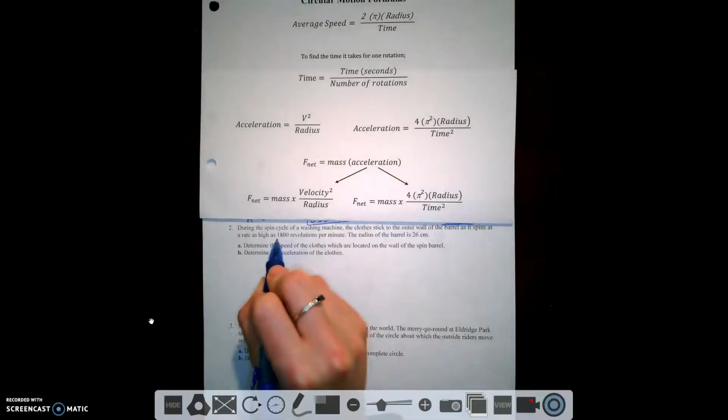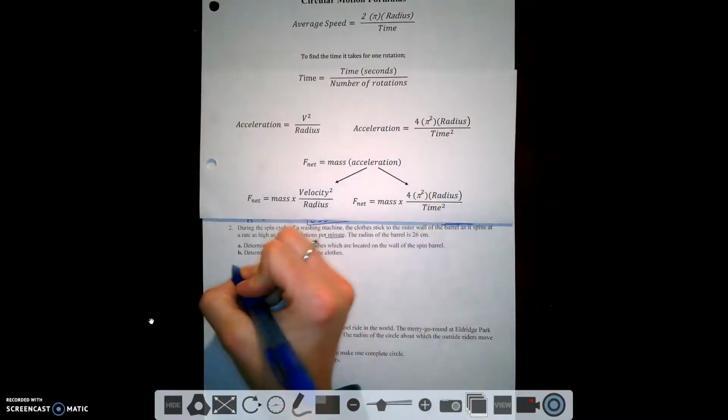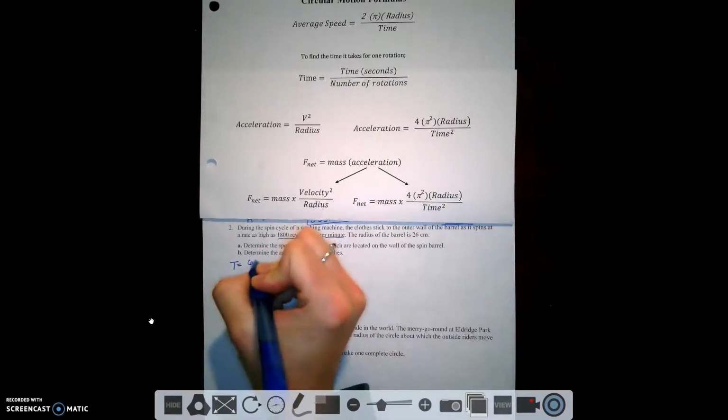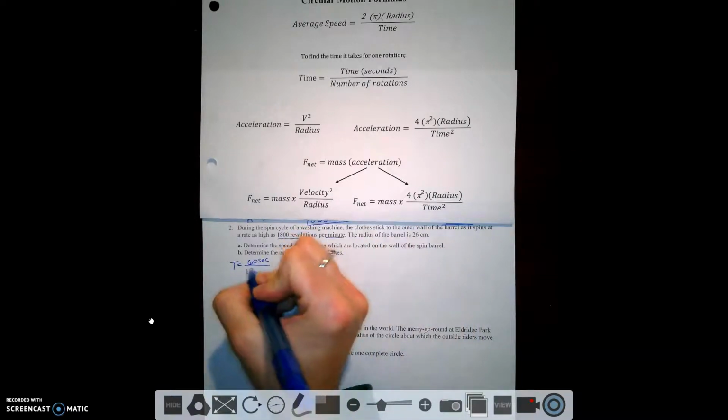So again, we're going to pull out everything that we're given. We have the number of rotations per amount of time. So we're going to use our time formula again to find the time it takes for one rotation to occur. So time will be our time in seconds, so 60 seconds, divided by the number of rotations, which is 1,800.